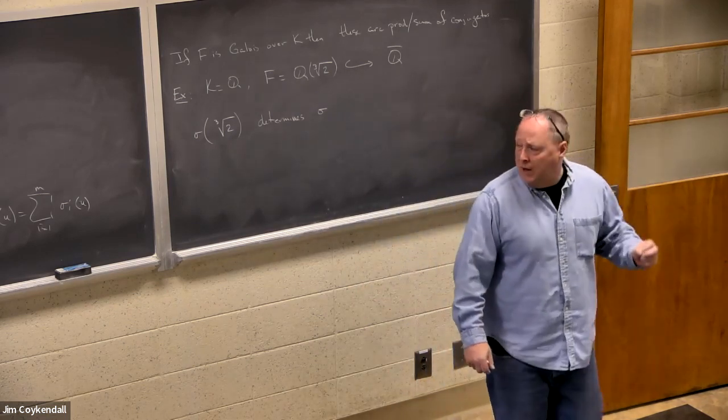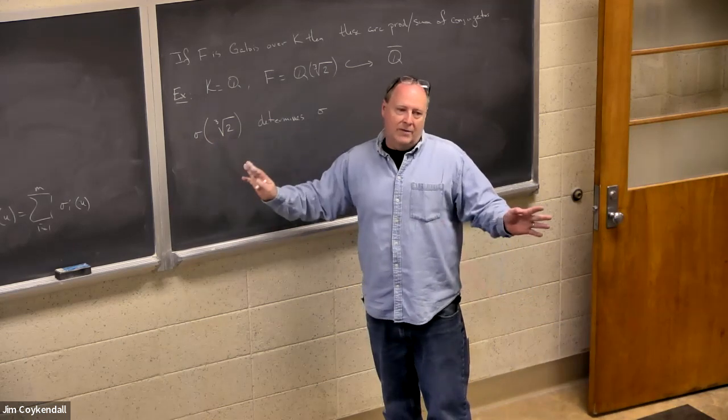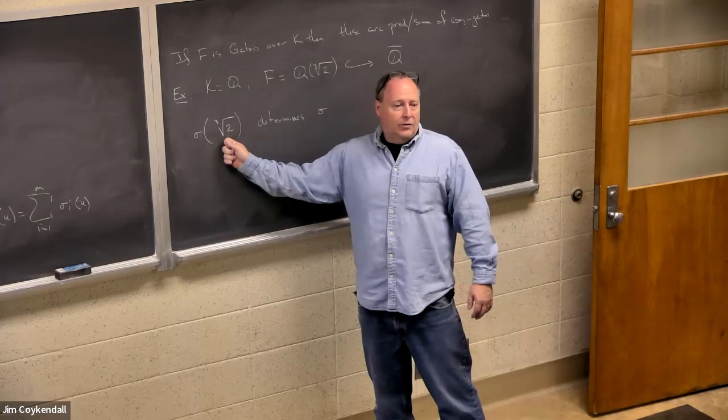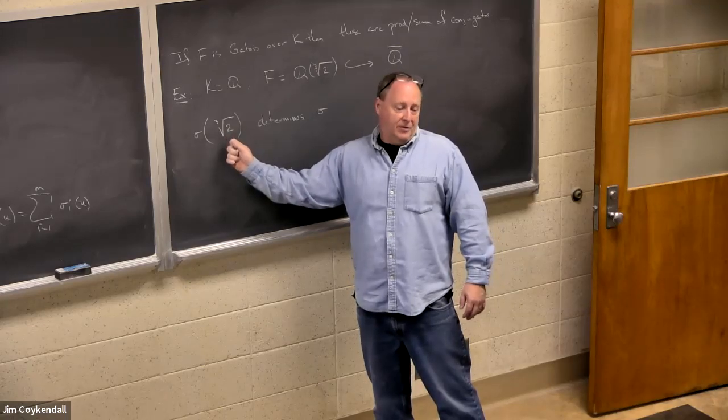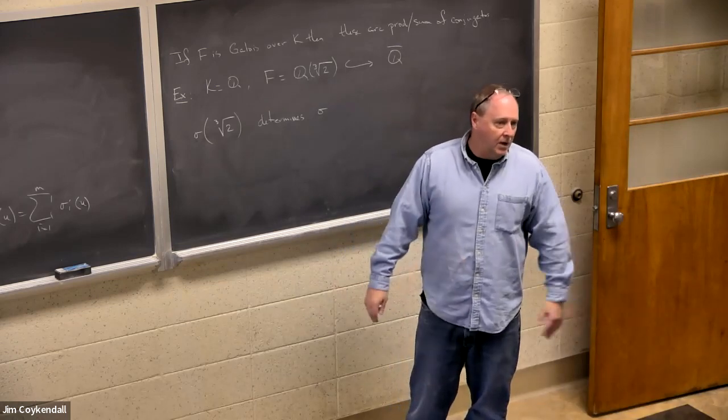If you tell your sigma where to take this, then you know everything, because it has to be fixed on Q. Once it knows where this goes, then it knows where the square of this goes, because it's an automorphism. Now it knows where every basis element goes, so we're good to go.